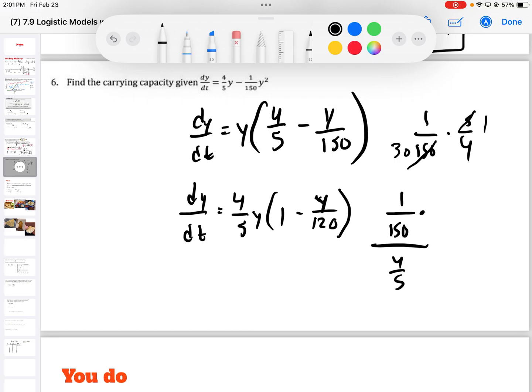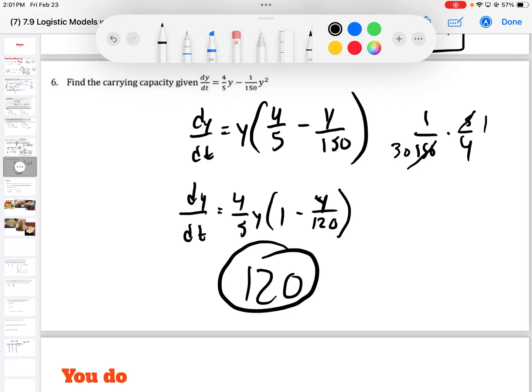To do that, I would keep change flip, multiply by the reciprocal. So there's where that came in. It's the same thing. All right, so what's the answer? Carrying capacity, 120. Once you get it in that form, one fraction, carrying capacity, you should be able to look at that.